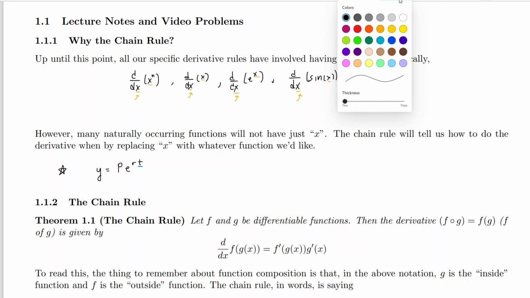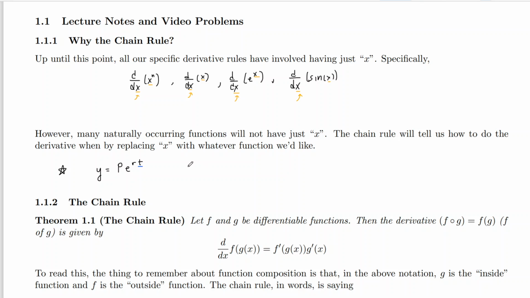Another example is if you think about your generic graphs of trig functions. If you remember these, it's something like y equals a, and then I'll just do sine, and inside the sine we have b times (x minus c), plus d. The inside of the sine is not just x, and if it's not just x, we can't use this rule like I described.